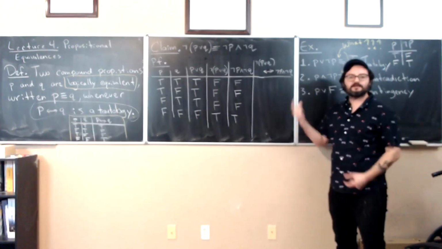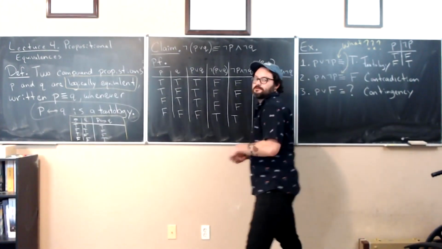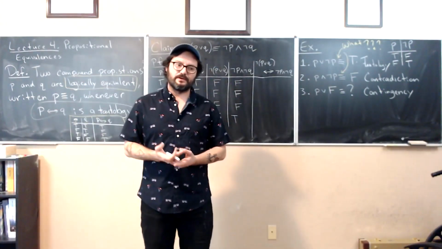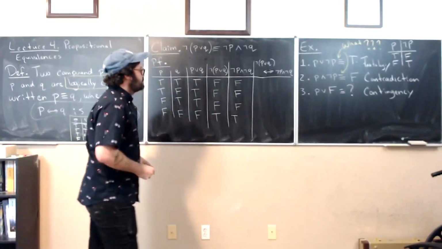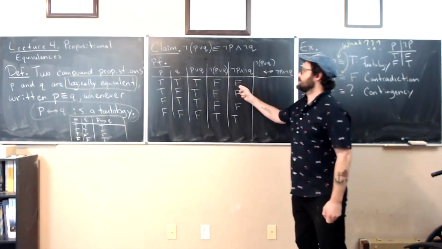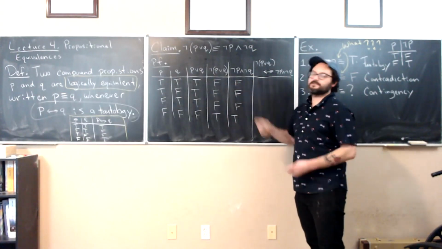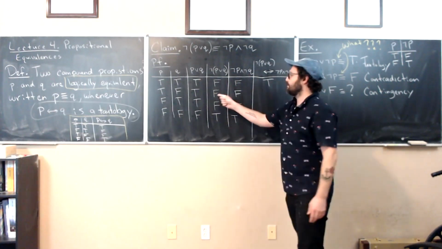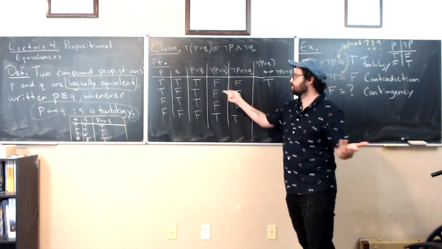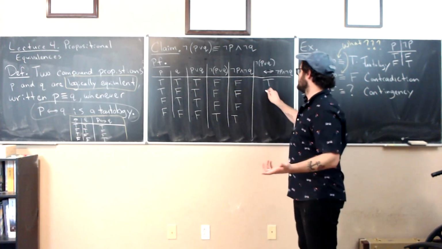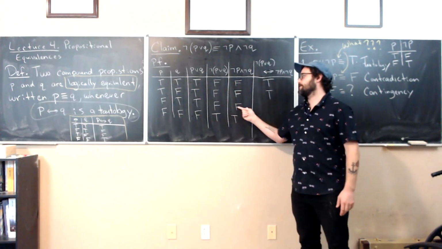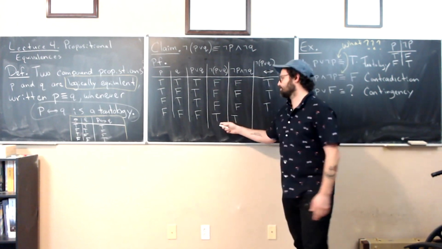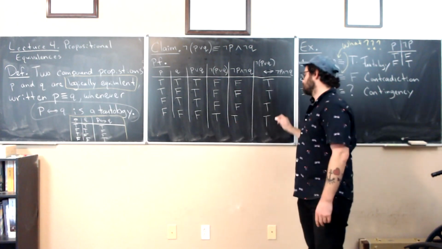The biconditional between two compound propositions, or any two propositions, is only true when they have the exact same truth value. So looking at these columns, false if and only if false, that's going to be true. False if and only if false, again, they have the same truth values. True. False if and only if false, that's the biconditional again. True. And then true if and only if true. True.